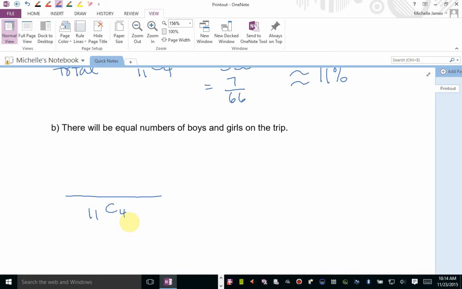It can't be equal. They're choosing 4. You said it's an equal number of boys and girls. Out of the 11, they're choosing 4, remember? Oh, to go on the trip. Yes. Okay, I didn't read the second part.